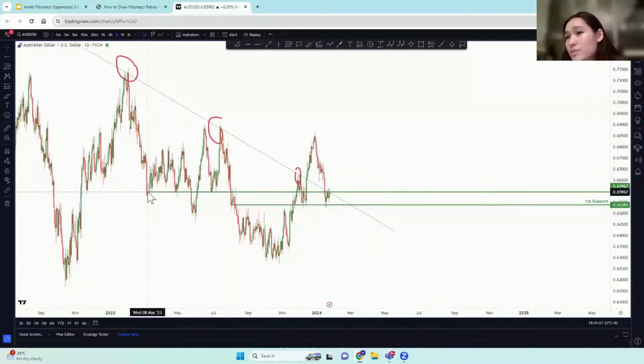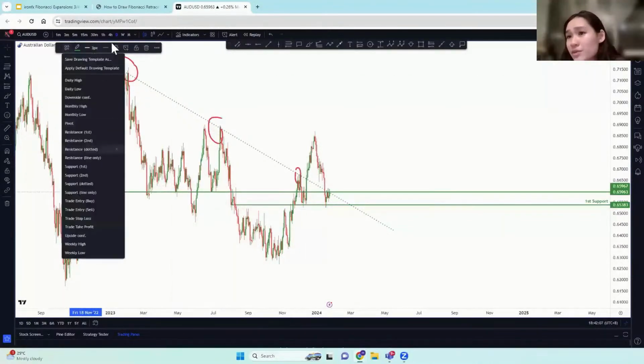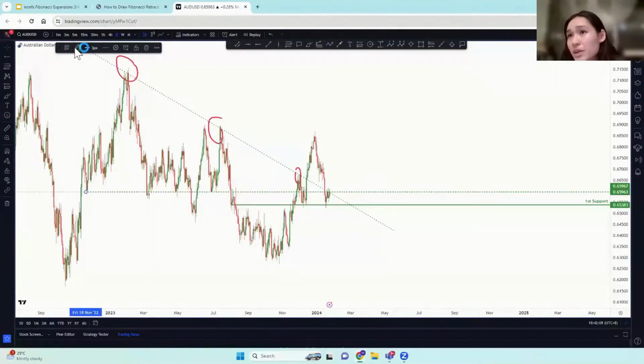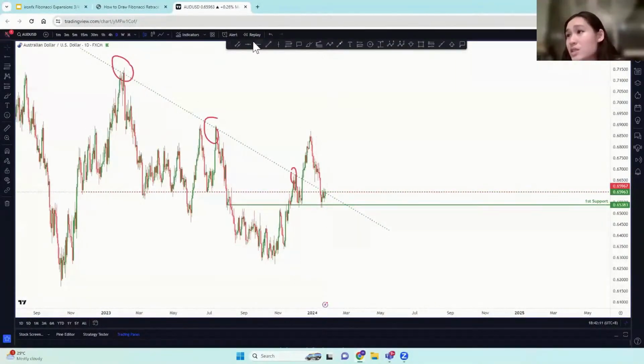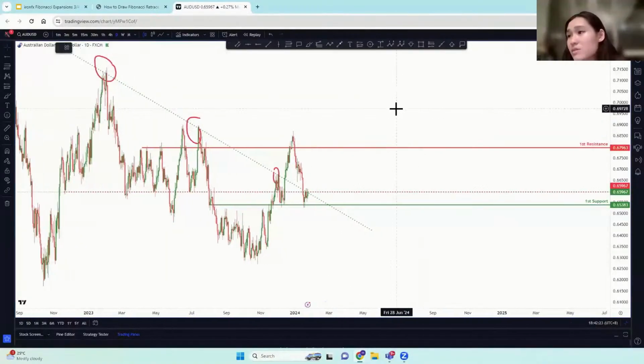This will be my intermediate level because we can see there's 1, 2, 3, 4 swing lows that line up with that level. This is my intermediate resistance, and over here is my first resistance.